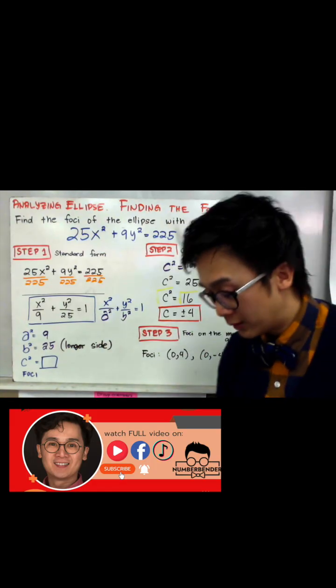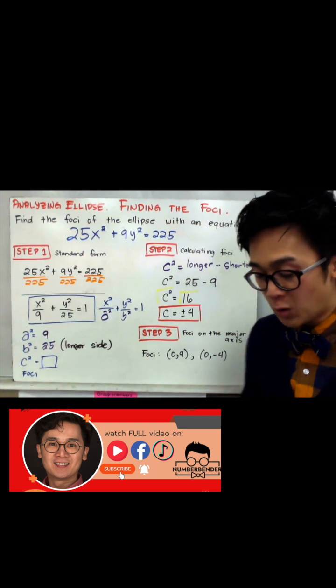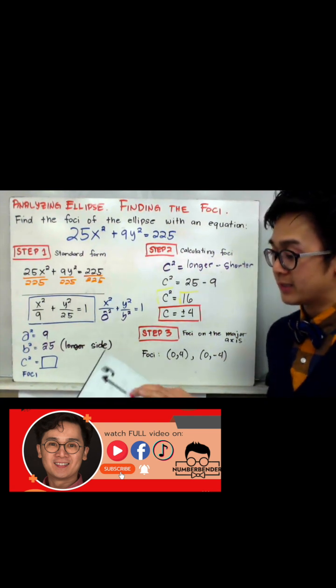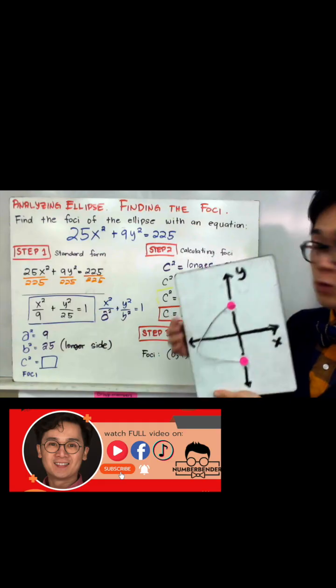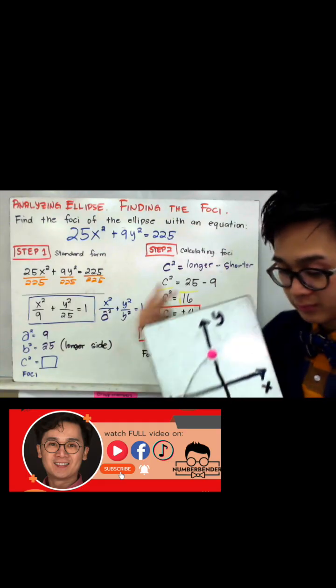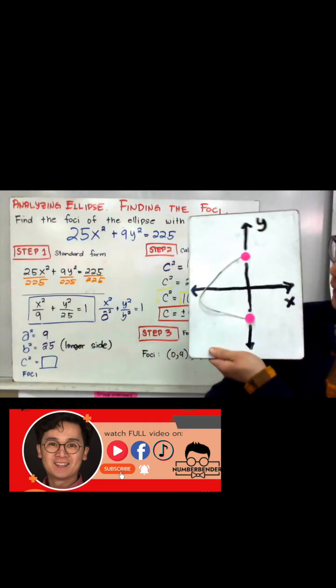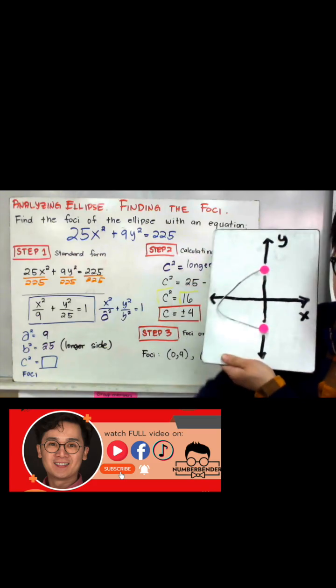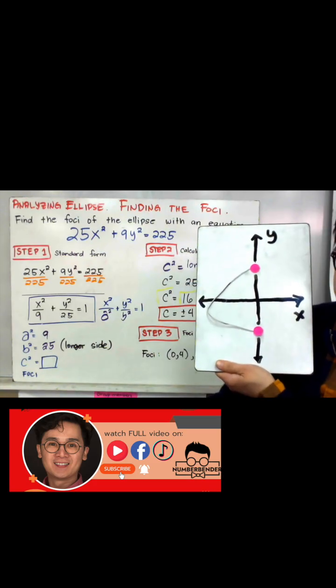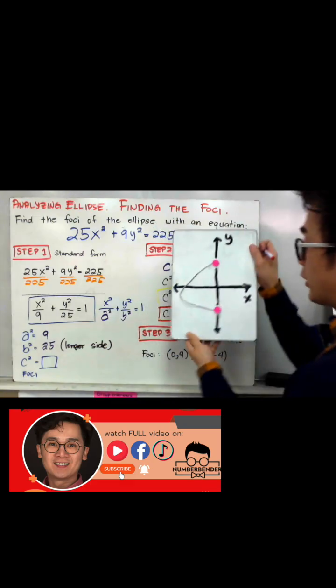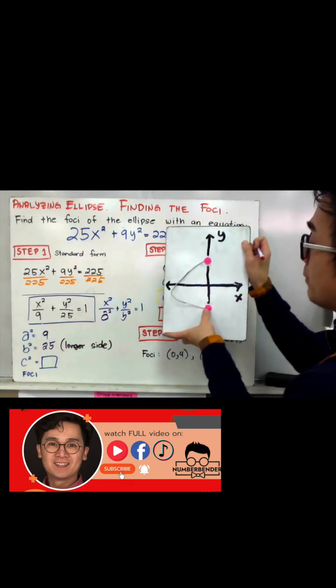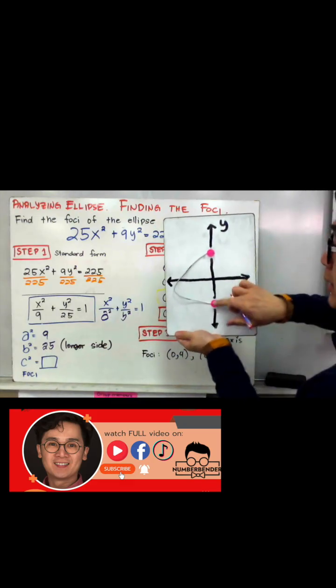Now, to show you why the foci are really important, imagine this is your xy plane and the foci that we solved for a while ago are right here along the y-axis. If we draw an ellipse based on this graph, you will notice that we're able to form an ellipse by using our foci.